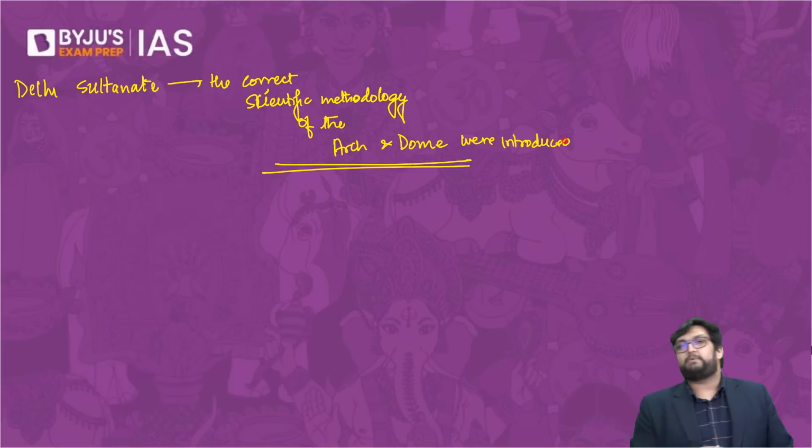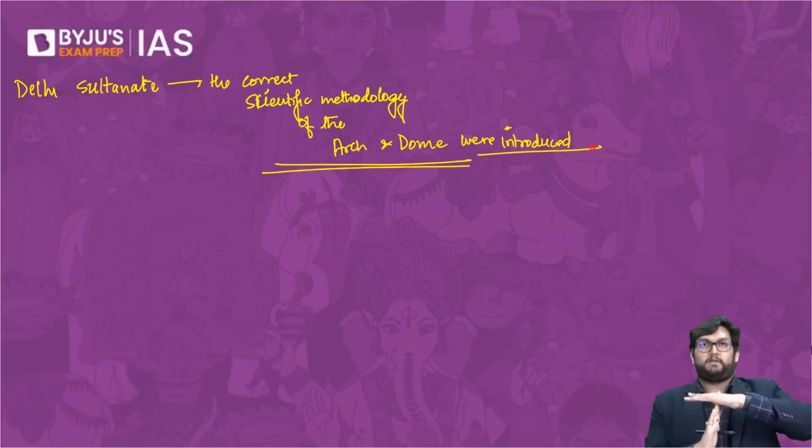Basically, trabeated means that it is based on column and beam. Again, you would have seen it, for example, in temples. All temples are mostly made in trabeated structures.